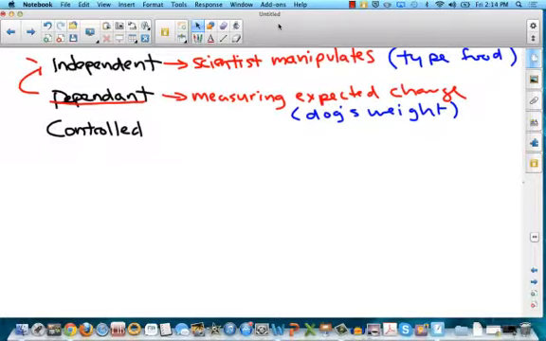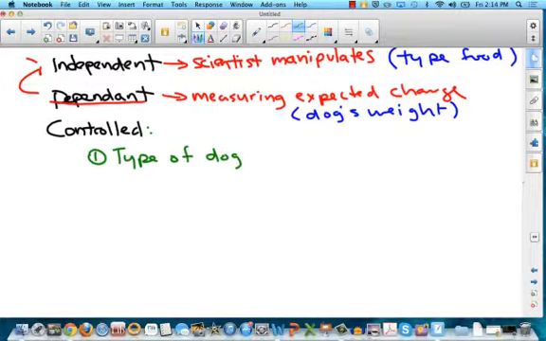Now, what does it mean to have a controlled variable? Controlled variables are all of the other variables in the experiment that have really nothing to do with the dependent or the independent variable. And there are multiple controlled variables. Some examples in this case would be type of dog.